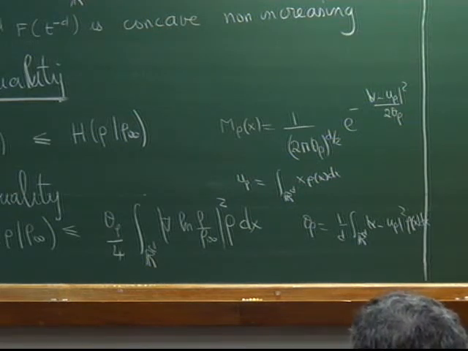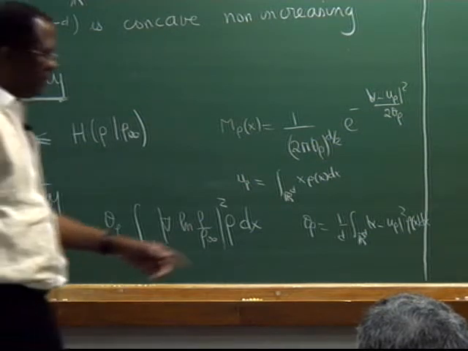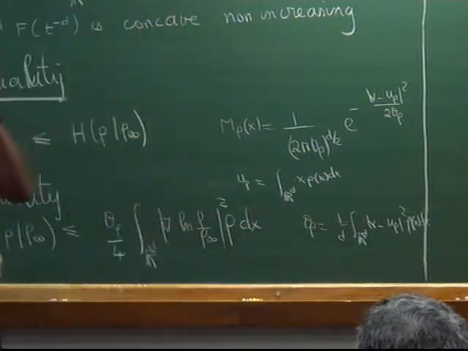And so, for instance, if your rho is central, if the center of mass is 0, then this is the second moment of rho.